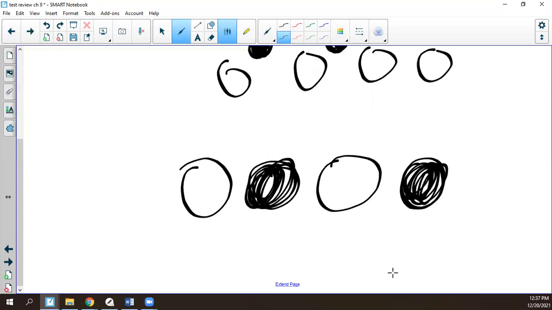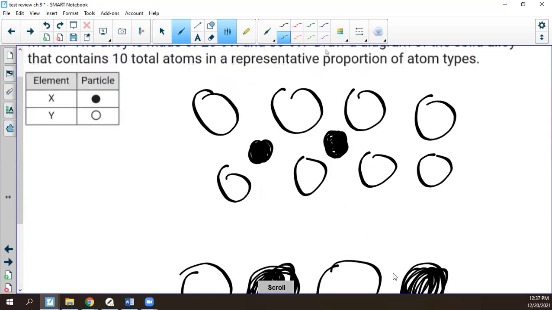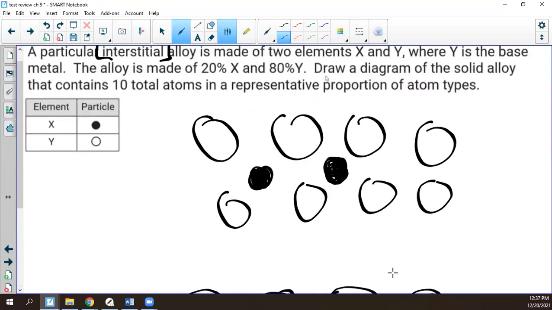Okay, so the key here, what do you have to illustrate? You have to illustrate different sizes, because it wouldn't be different sizes if it wasn't interstitial. And then it asks you for the right ratio, the 80-20. So you have to have them in between and different sizes. That's all they're looking for.